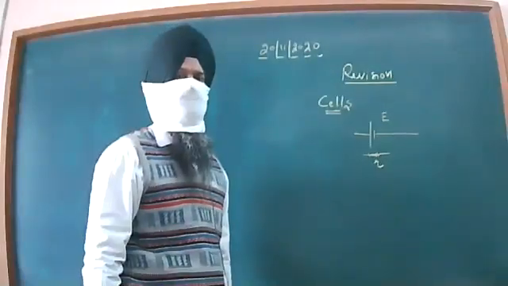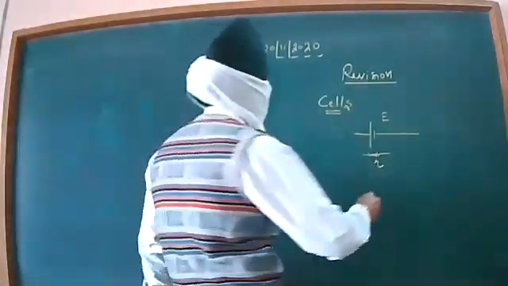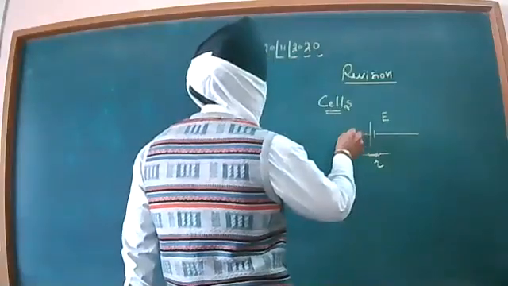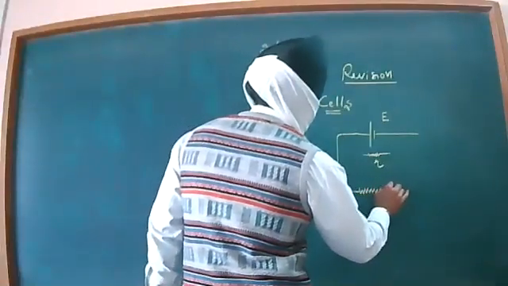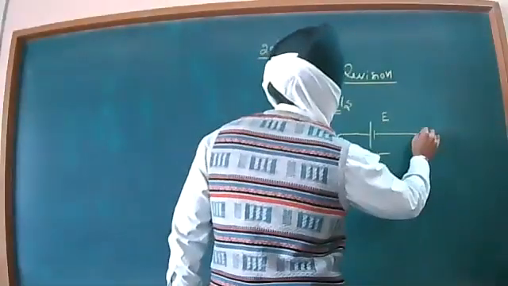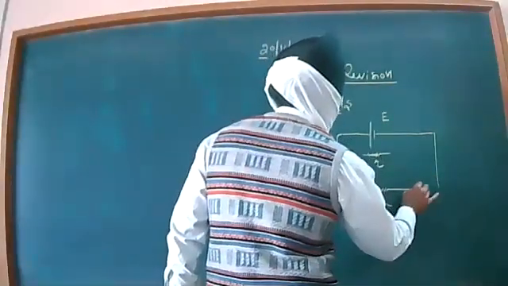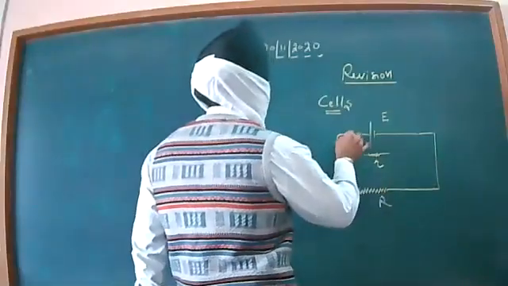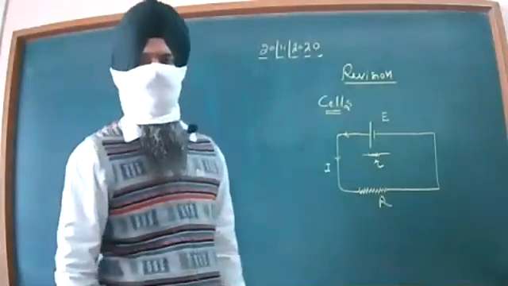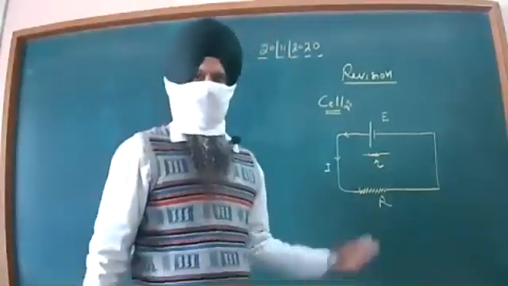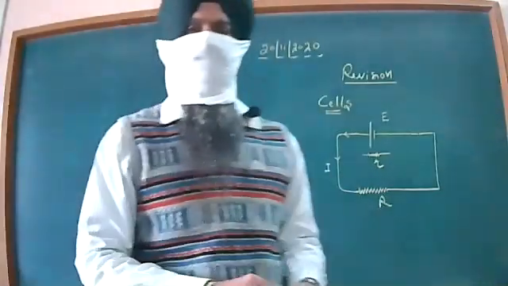This small r can also be represented separately. Imagine that this is your external resistor we are connecting in the circuit in this manner, and let us imagine this I is the current flowing through your setup.